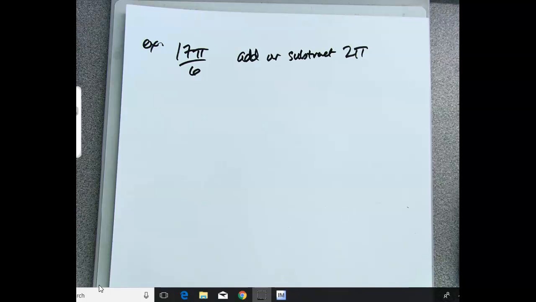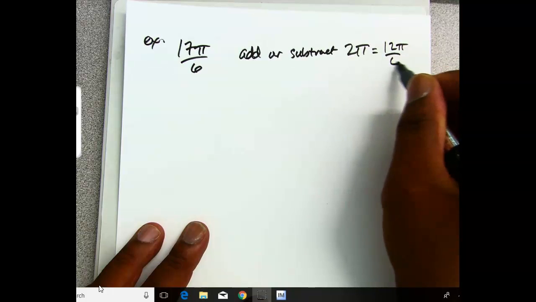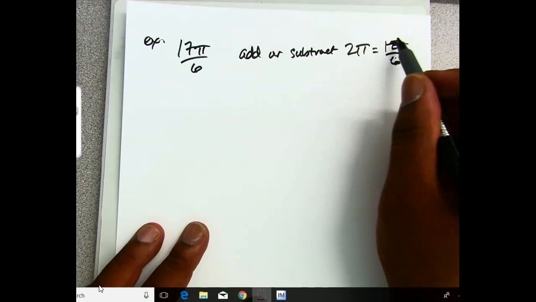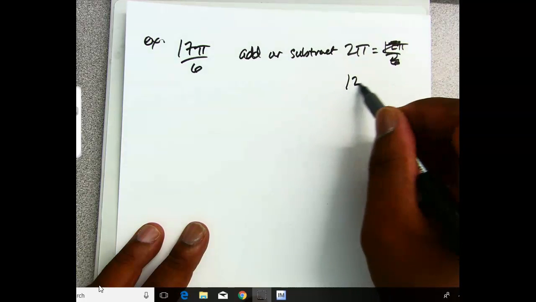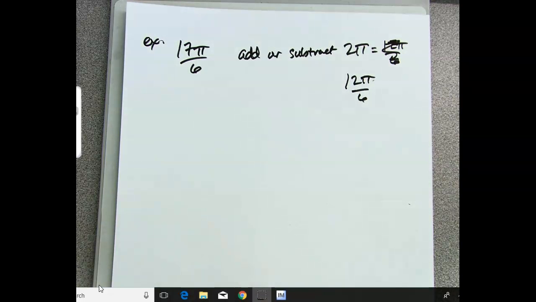So here's the little trick I want you to use. This particular angle has been broken up into sixths. Its denominator is 6. I know that 2 pi is equal to 12 pi over 6, because 12 divided by 6 is 2. So instead of adding or subtracting 2 pi, we're going to add and subtract 12 pi over 6.